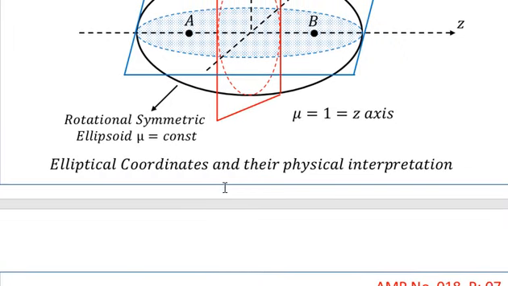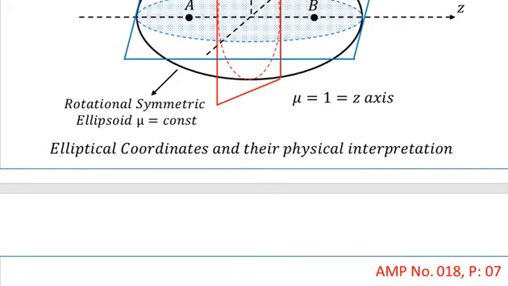And this is the elliptical coordinate system and its physical interpretation has been given.